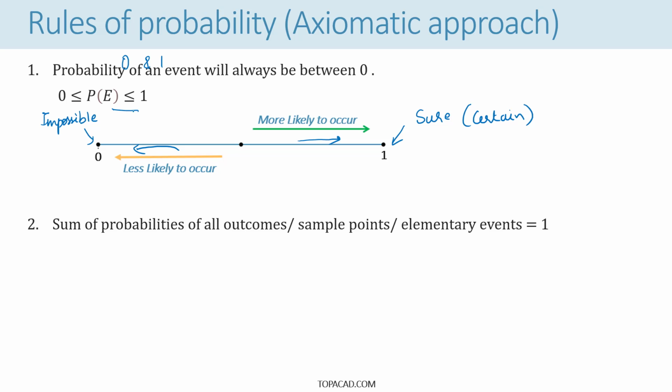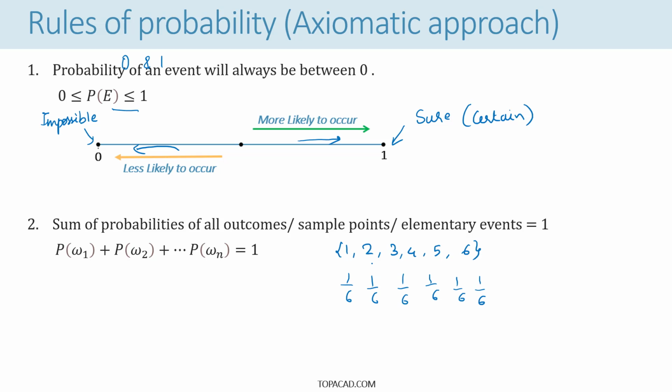The next rule says the sum of probabilities of all outcomes or sample points is equal to 1. If you take the example of rolling a die, there are 6 possible outcomes, and each outcome has a probability of 1 by 6.